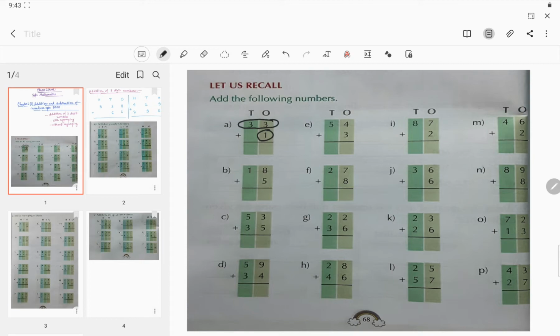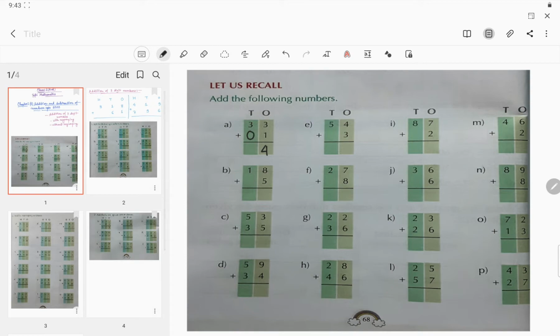Okay, so let us add these two numbers. You know you have to start from the ones place. That means you have to do addition for the ones place at first. So 3 plus 1 is 4, and now here is nothing, so you can consider it as a 0.